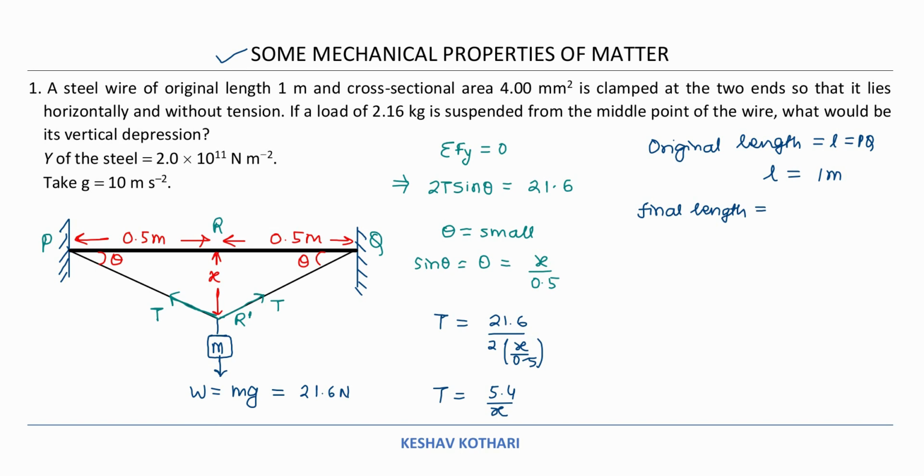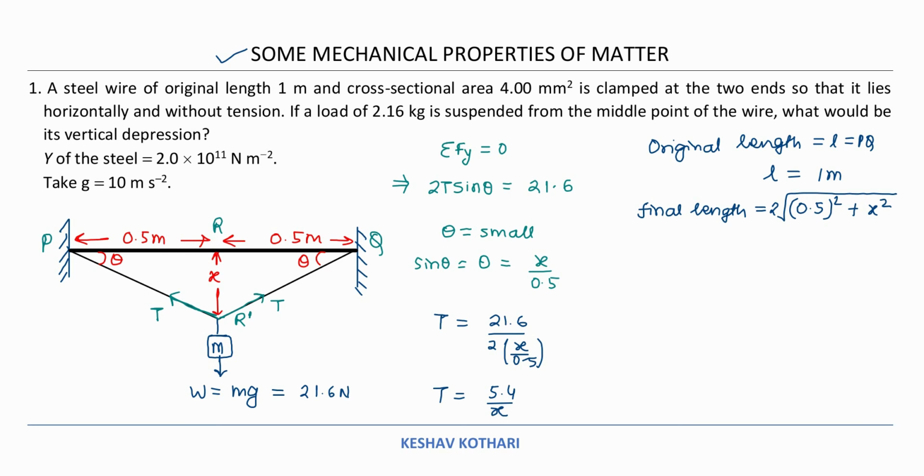It can be written as the square root of 0.5 squared plus x squared, and then we are doubling this value. If I double this length, that is PR dash plus R dash Q, we get the final length, which turns out to be twice the root of x squared plus 0.5 squared.